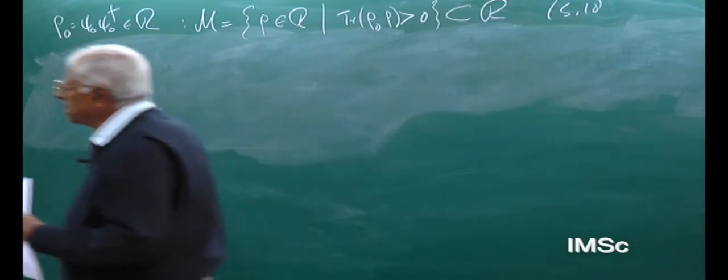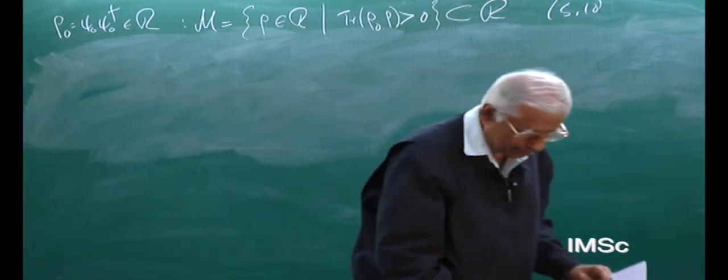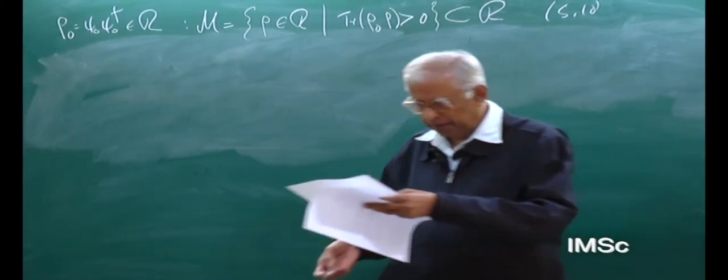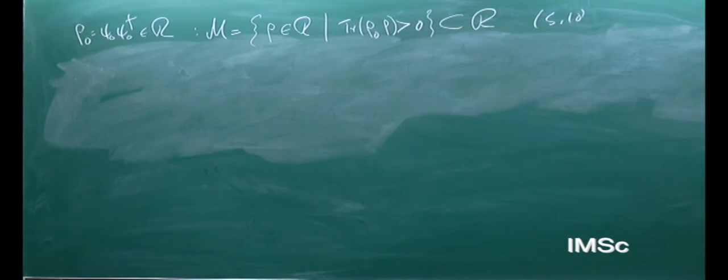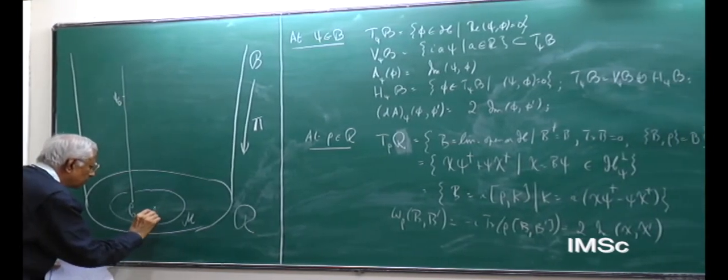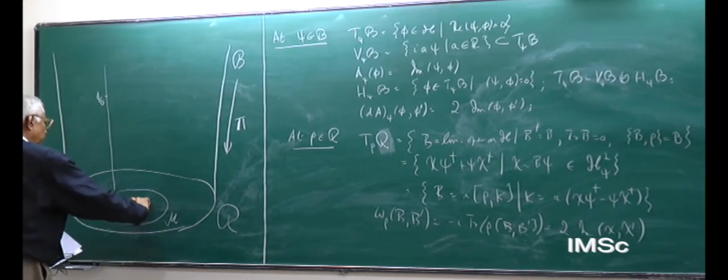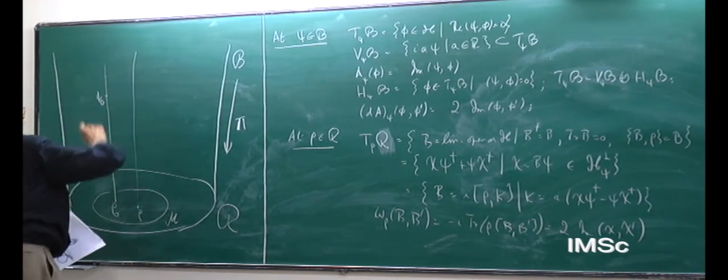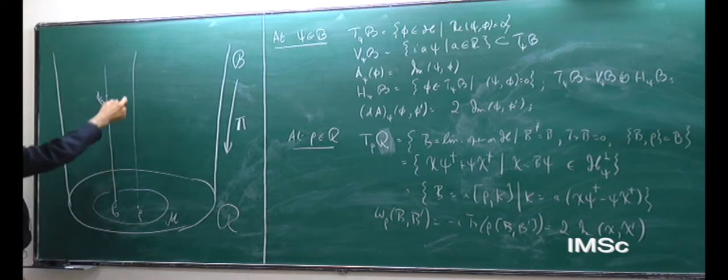So it means that, sorry, am I going back and forth? It means that if I take any point rho in this neighborhood, and if I look at its fiber, every vector sitting on top of rho has a non-zero scalar product with psi 0.